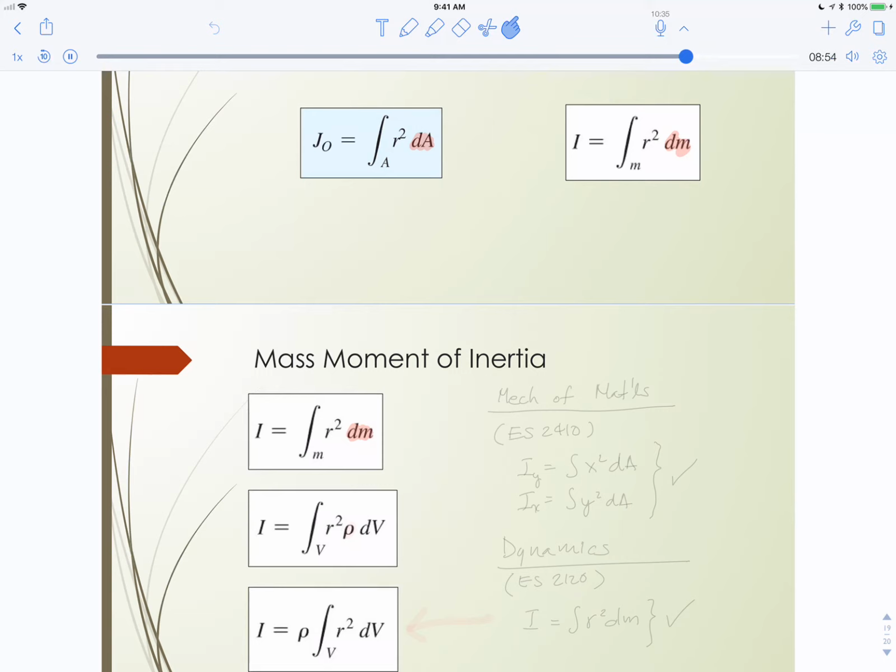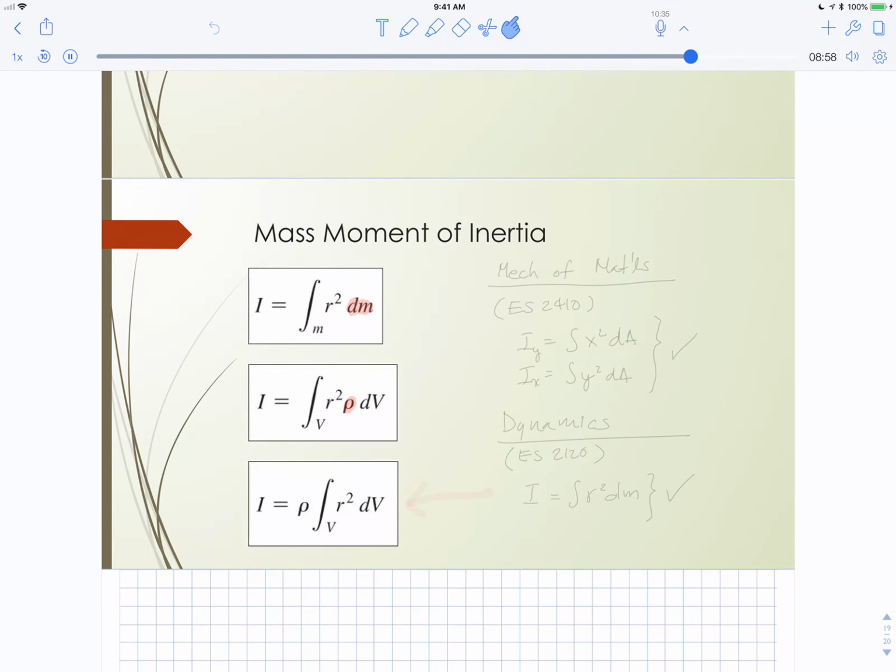And if the density is constant, you can factor out the density times dV, and you get this final equation here.